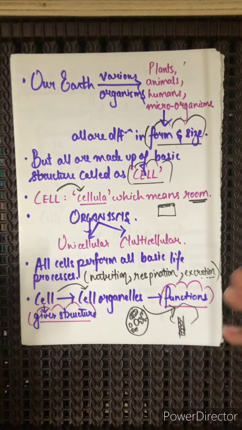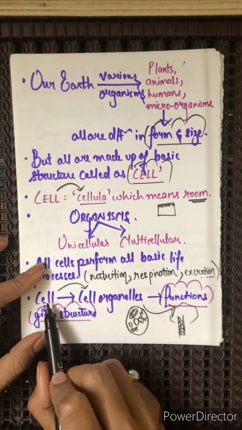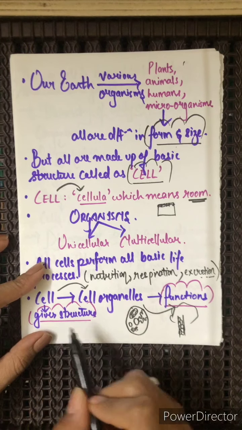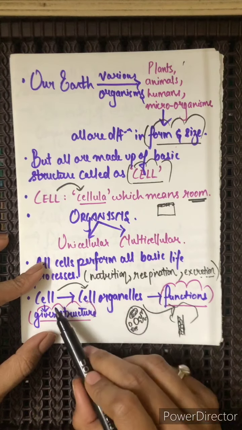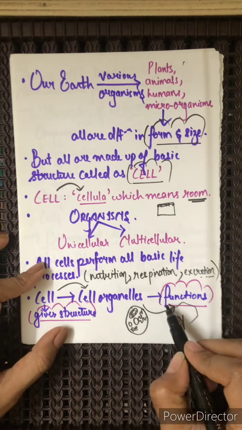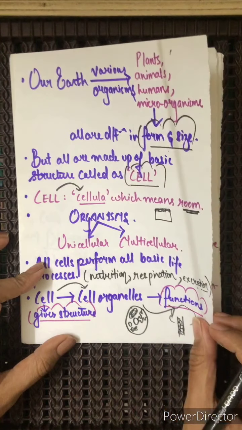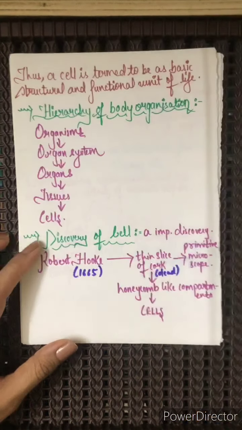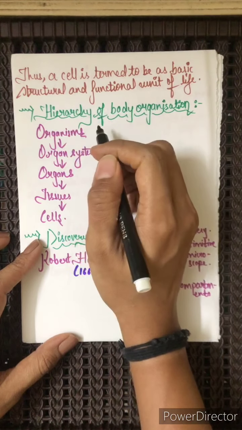Similarly, human beings look so because the cell gives them a structure. All the cells together give a given structure, as well as perform all the basic functions, and therefore the cell is termed the basic structural and functional unit of life.